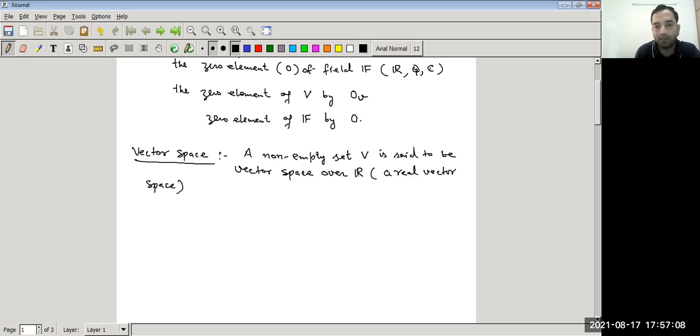If we take the field over C, complex numbers, then we call it a complex vector space.